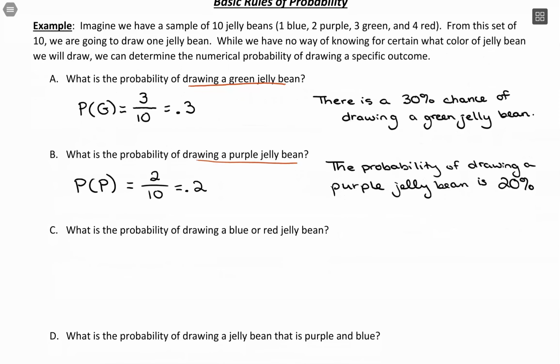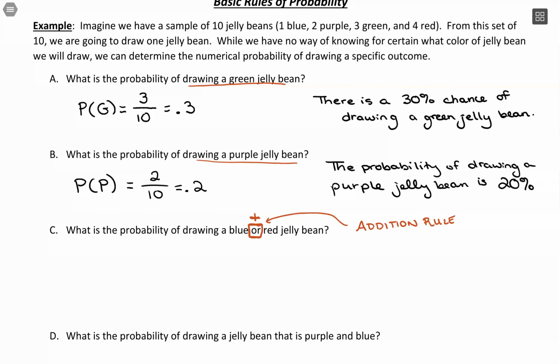All right, part C here. What's the probability of drawing a blue or red jelly bean? So, or is going to be a word that we want to look out for. When you see the word or, it's going to bring through addition. In fact, we'll have a whole video on this addition rule that's going to be related to when we look for the probability of one event or another event occurring.